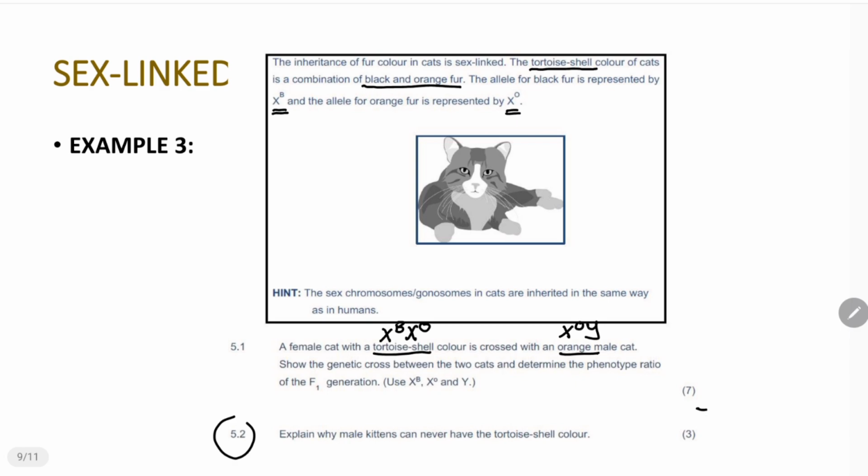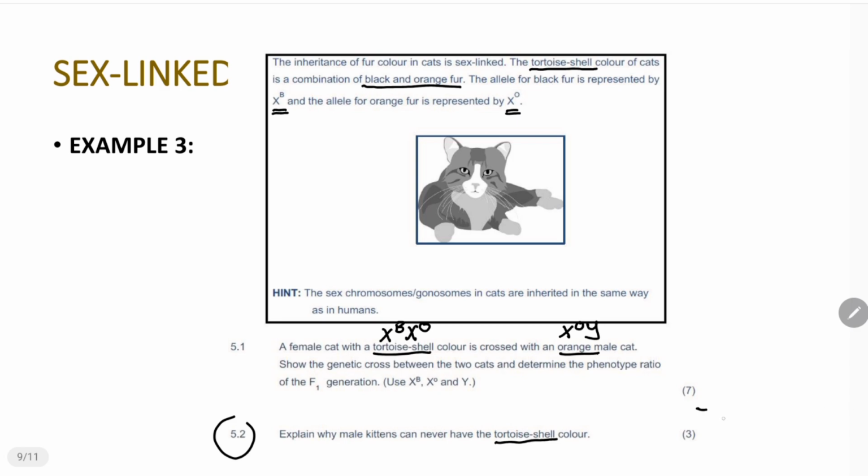But we know that in order for a cat to have the tortoiseshell color, it has to be a combination of black and orange, which is carried on the X chromosomes, right? So because a male only has 1 X chromosome, it is impossible for this male to have a tortoiseshell color, simply because the tortoiseshell color is only formed when you have got 2 X chromosomes that are in a heterozygous condition.